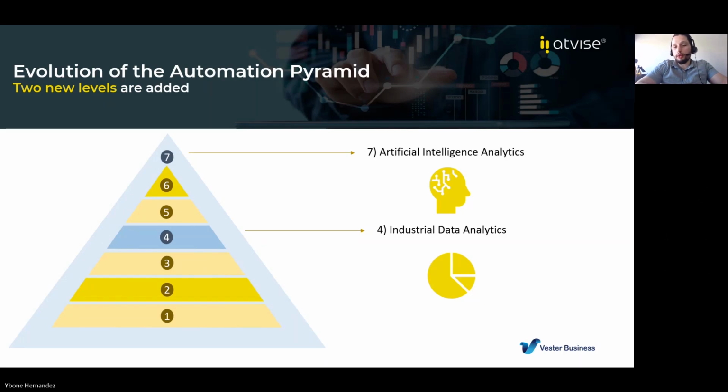Sometimes they are doing something, but they are doing it manually, and that takes a lot of time. So industrial data analytics is becoming more important. This is a shift that we've seen since 2015, and there are some companies that are still catching up in that regard.